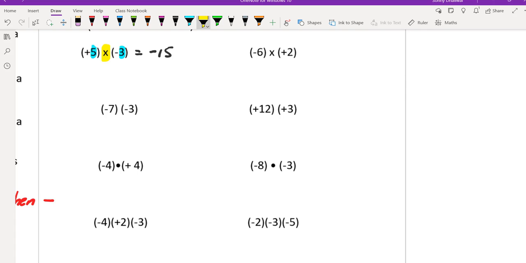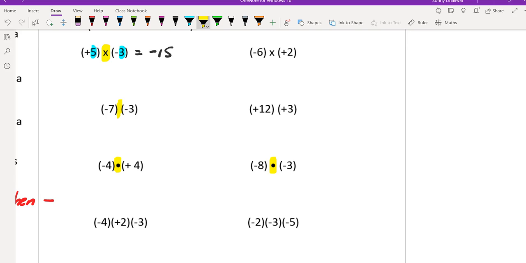If you see a dot between two numbers, that also means to multiply. Do you guys know that? Have you seen that before? Okay, good. If you have two brackets touching each other with nothing in between, that also means to multiply. So those are different ways that multiplying can take form.